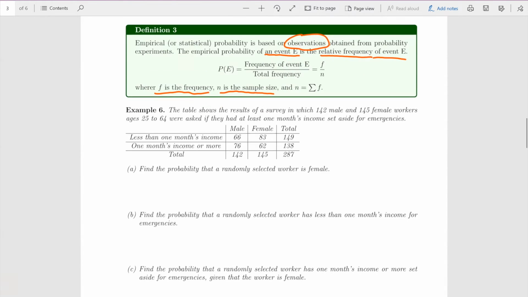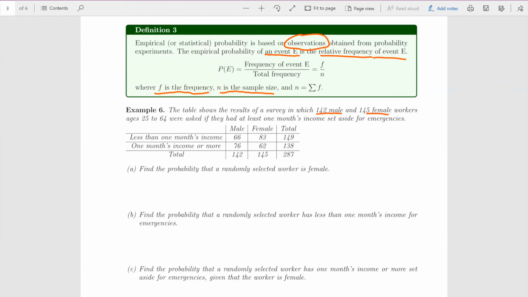Let's look at the next example. In this example, the table shows the results of a survey in which 142 male and 145 female workers, ages 25 to 64, were asked if they had at least 1 month's income set aside for emergencies. This table shows the results of that survey.